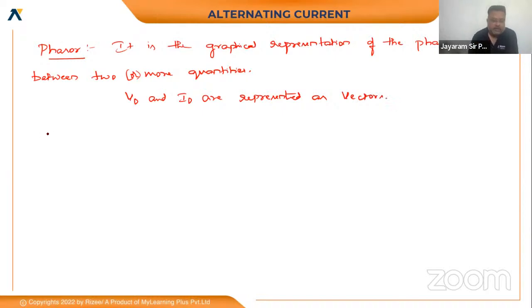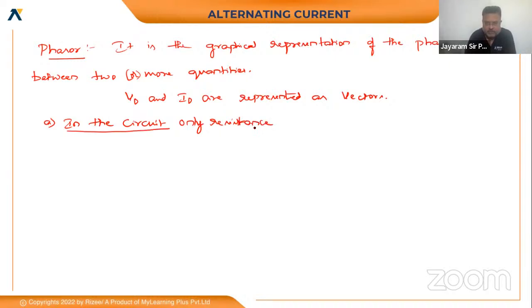Okay, so how is it going to be affected for the first case? That means in a circuit, if only resistance is there, and to the resistance you connect an AC source, how does it behave?